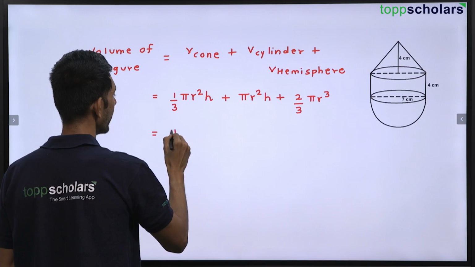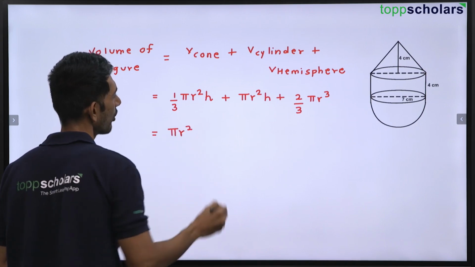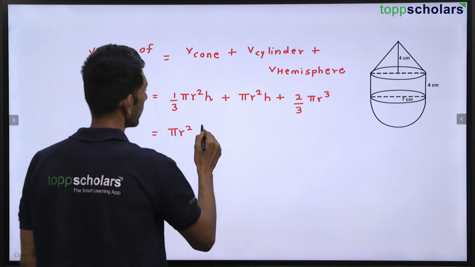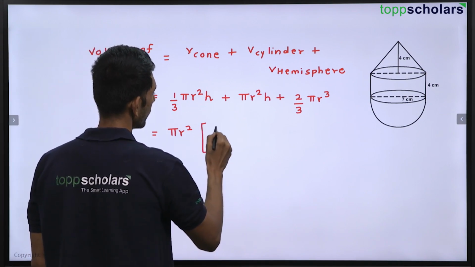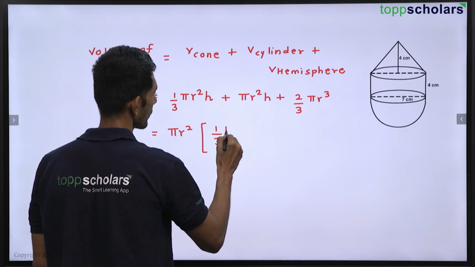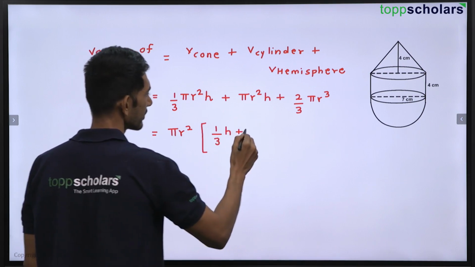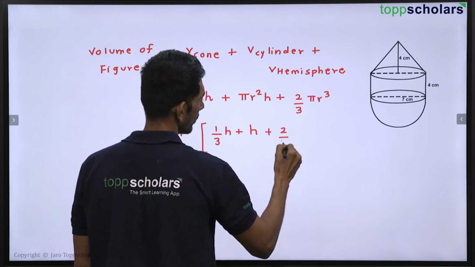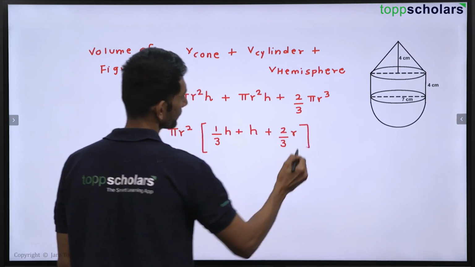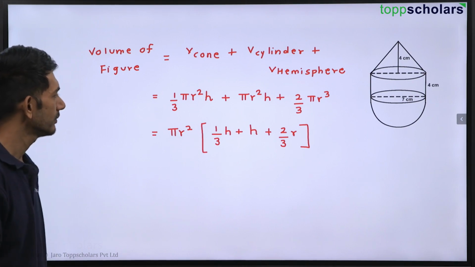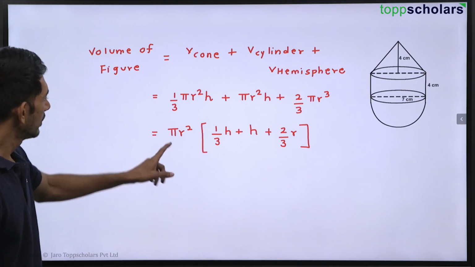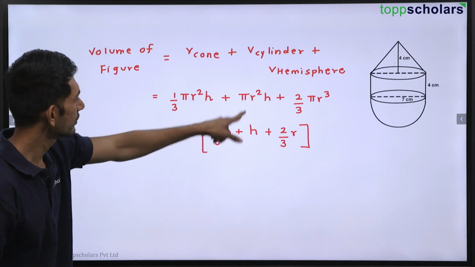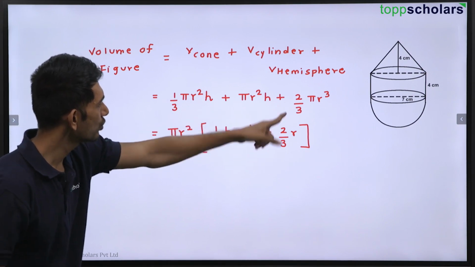So if I take pi r square common, I get 1 by 3 h plus h plus 2 by 3 r. Correct? Pi r square is common. So this is 1 by 3 h, this is h, this is 2 by 3 r.